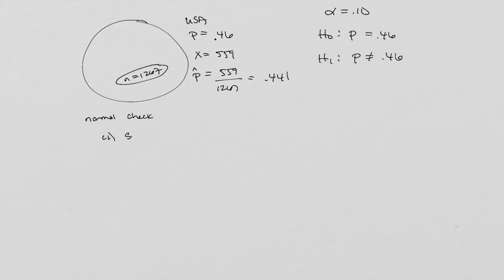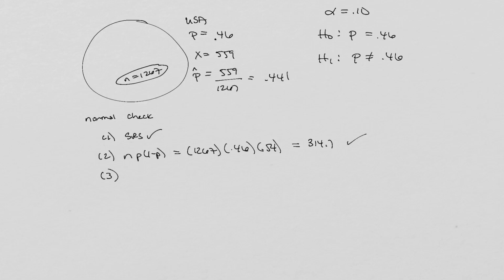First of all, simple random sample. Yep. Second, if you look at n times p times 1 minus p, you get 1,267 times 0.46 times 1 minus 0.46, which is 0.54. That multiplies out to give me 314.7. Way bigger than 10, so that's good. And then the third step is, how do we actually check it?